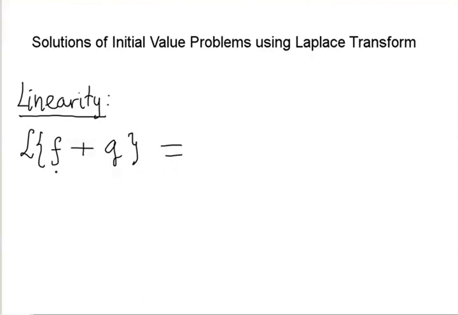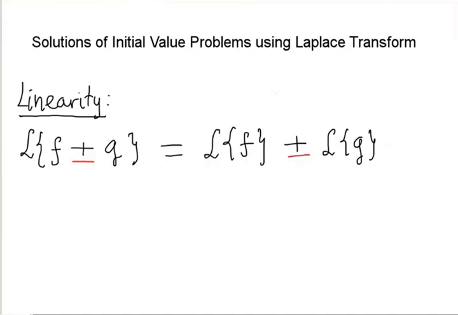But here, let me just drop the x, so it's easier for us to write down. The Laplace transform of the sum is the sum of the two Laplace transforms. And similarly, if we have a difference, it's a difference.